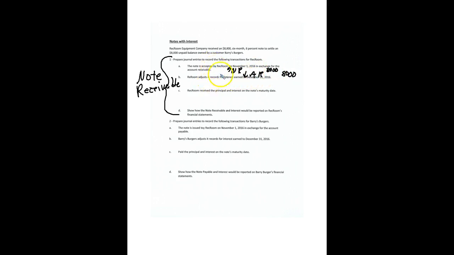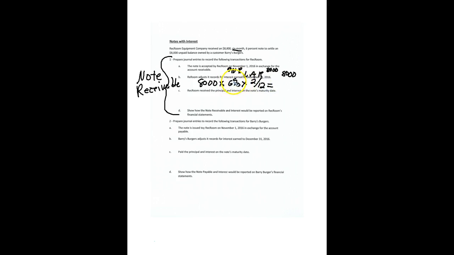Okay, and then 2 months go by, right? November and December go by. It's the end of the year, and we have to accrue interest. So our calculation for interest is principal times rate, which is 6%, times time. Even though this is a 6-month note, we enter the interest rate in this formula as an annual interest rate, so when we record time, it also has to be based on a year.